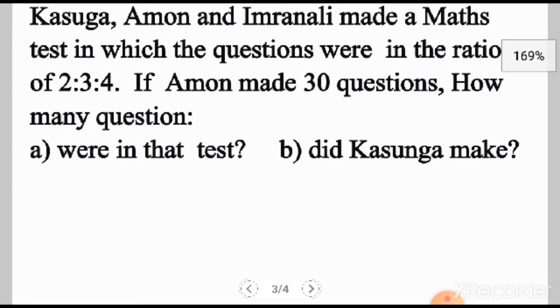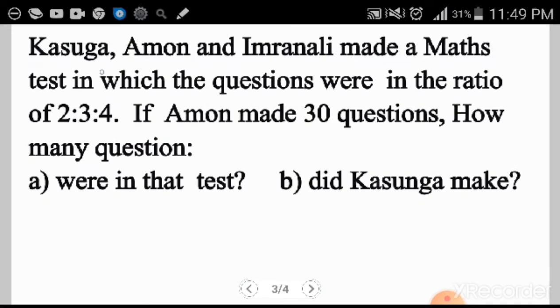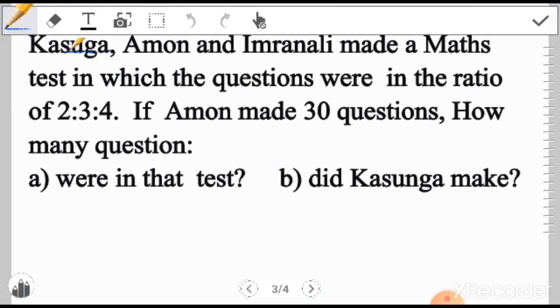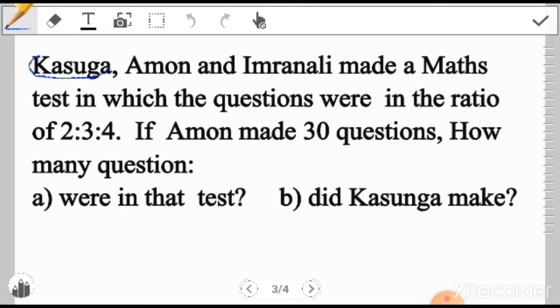So, as usual, we identify the people involved. Here we have Kasunga, we have Amon, we have Imranal. This goes with this, this goes with that, so these are the corresponding ratios.